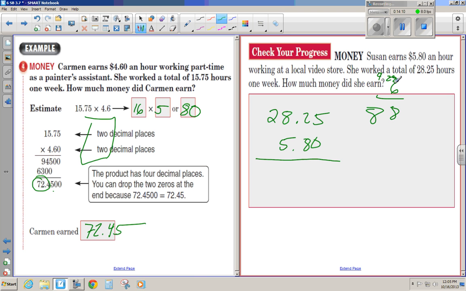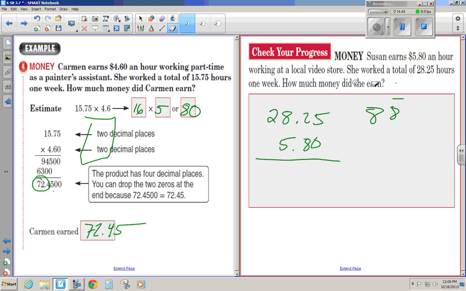See, did I do that right? $6. It's 48, carry the 4, 12. 12 and 4 is 16. Man, I'm having trouble multiplying here.